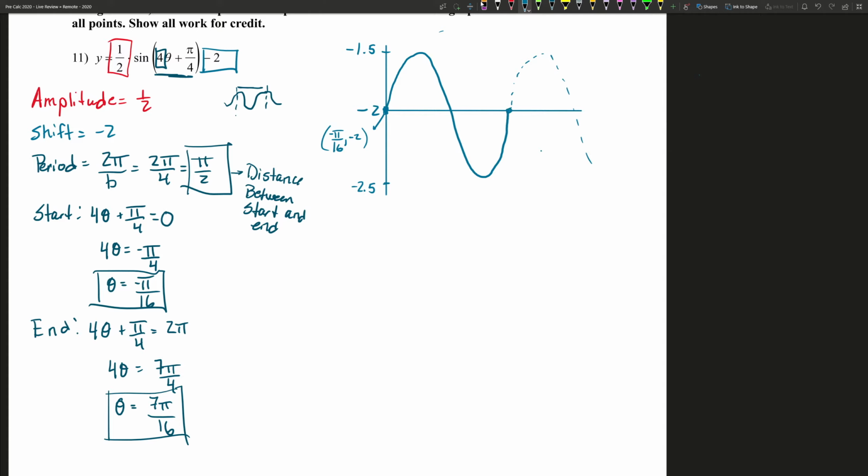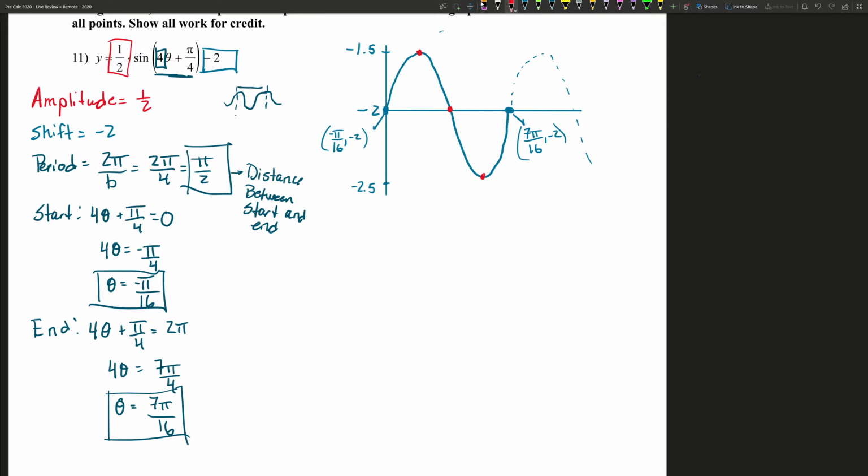Our end point over here is 7 pi/16 comma -2. Okay, and our job is to find our critical points, right? So our maximum and our minimum, and also the 0 between.